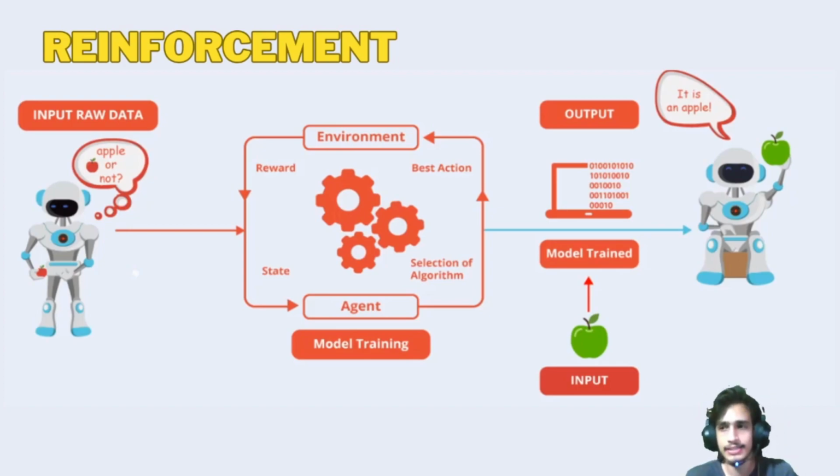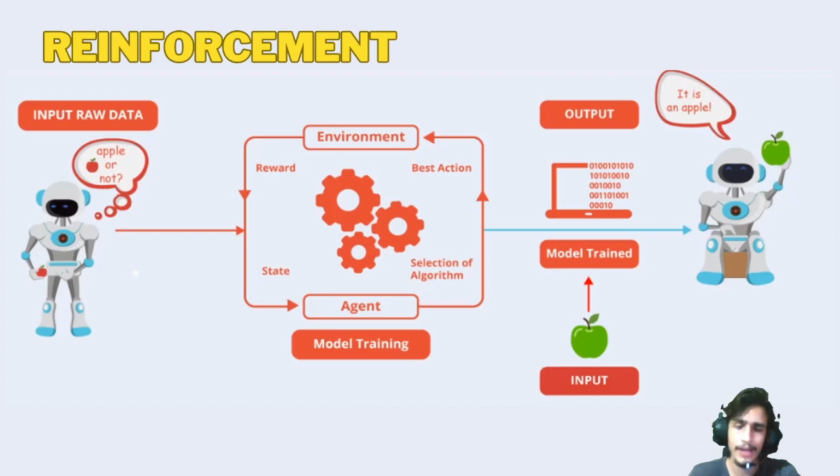If I'm riding a cycle and I fall down, it's a penalty. This is not how it's done. And if I have ridden a cycle for 100 meters, then it's a reward. So with these rewards and penalties, our machine will know how to do a task. We will use reinforcement learning in autonomous vehicles. So these were the three types of learning which exist.